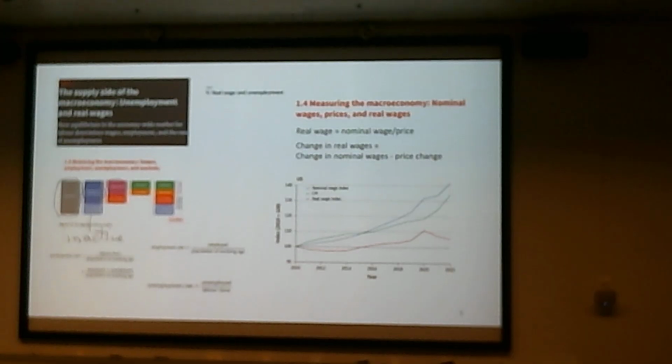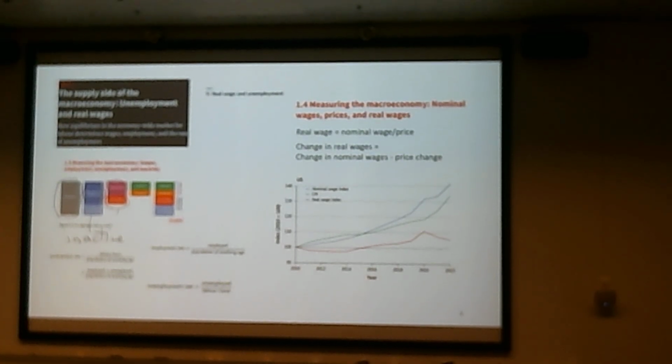So here is the rest. Here we find the inactive, the red one. They are out of the labor force. Those are the inactive. So it's those between 15 and 70, 74 that are not in the labor force.